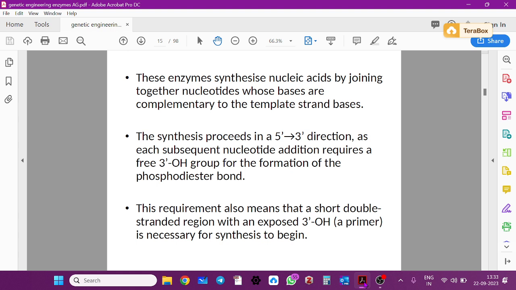So if this is the 5' side, this is the 3' side, the 3' OH is over here. NTP comes, the 5' attacks this part, so this is N1PP. So it forms. Then again another 5' N2PP comes, attacks this.